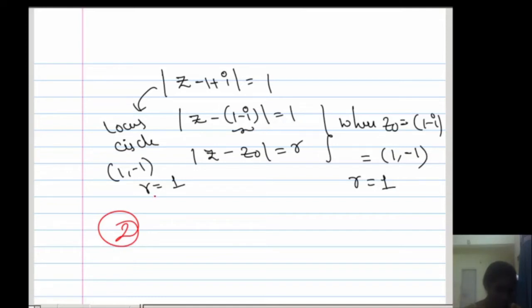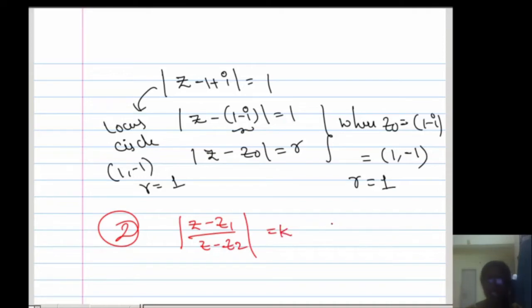Next, what I want to represent: we already discussed the geometrical meaning in the previous session. Mod of z minus z1 by z minus z2 is equal to k.